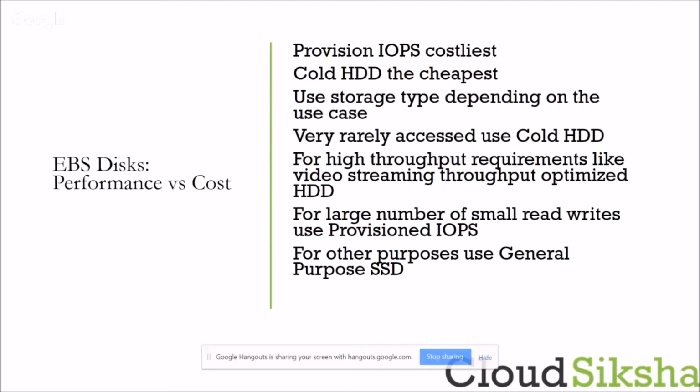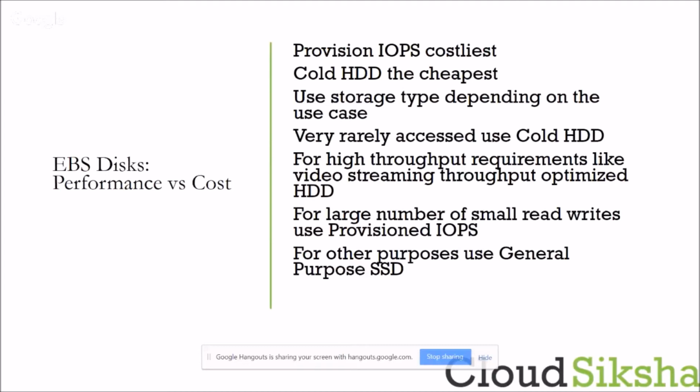So if your application is doing a lot of reads and writes, like large databases with a lot of people accessing the database, a lot of requests coming to the database, those are the cases where you would go for provisioned IOPS, because IOPS on SSDs are much better, and provisioned IOPS gives you a guaranteed IOPS, and it's very good for random reads and random writes. So small reads, small writes, it's much better.